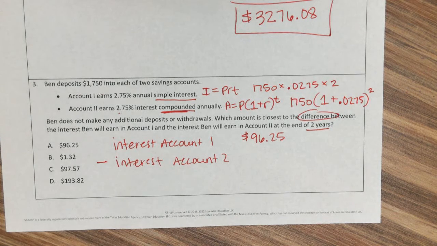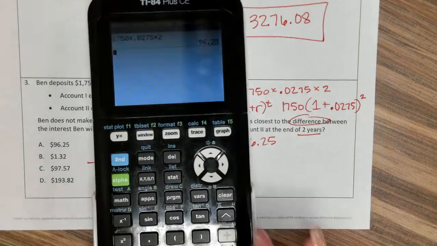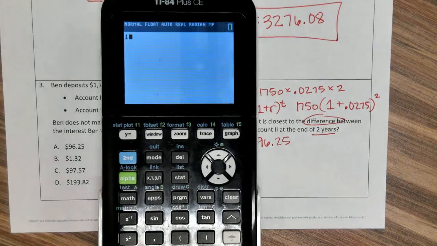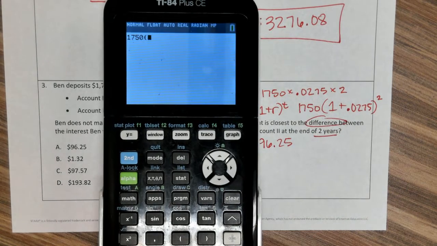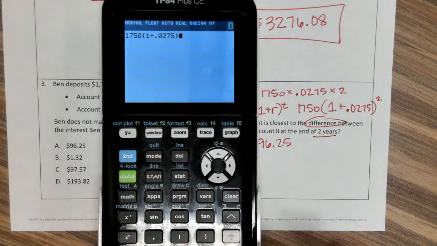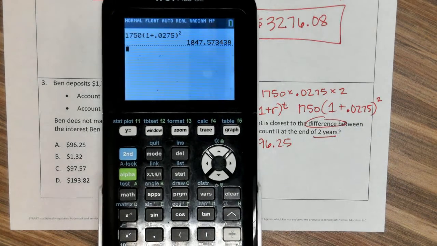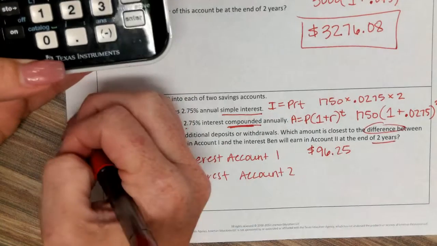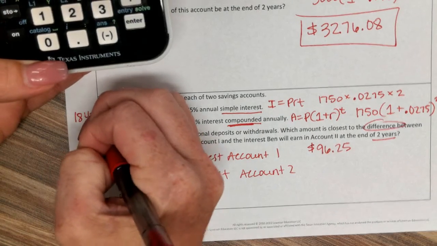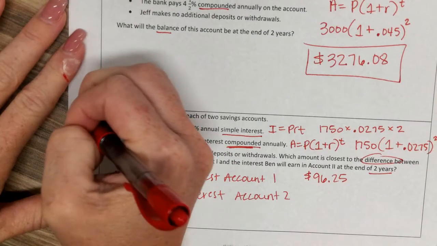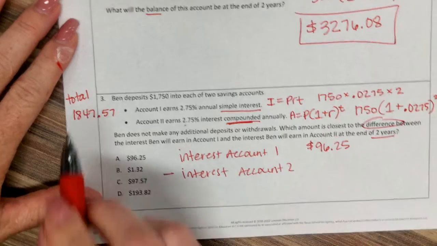I am going to type this in, but it is not going to give me what I need. $1,847. I'm going to write that over here. $1,847.57 is the total in that account.